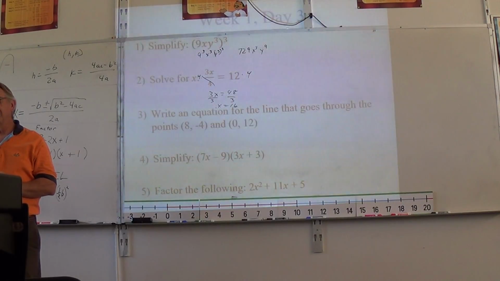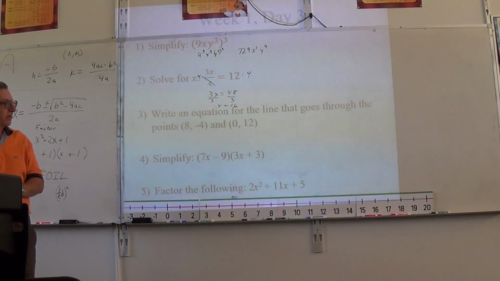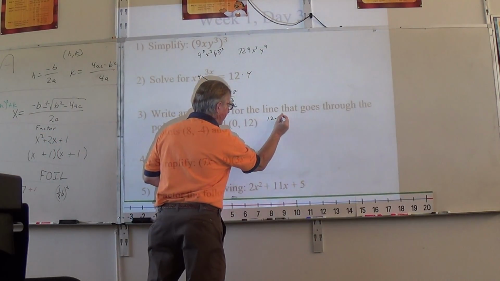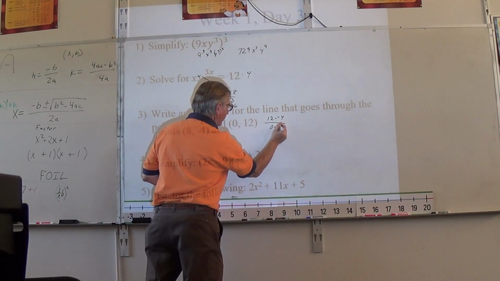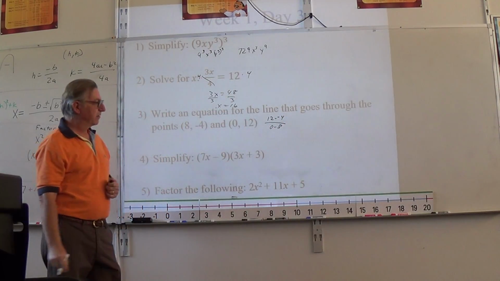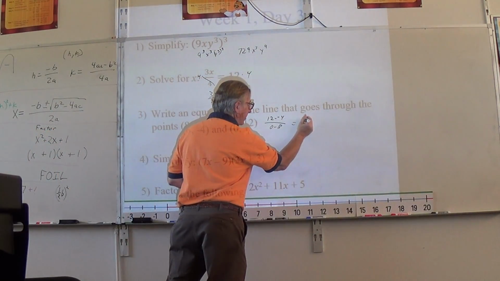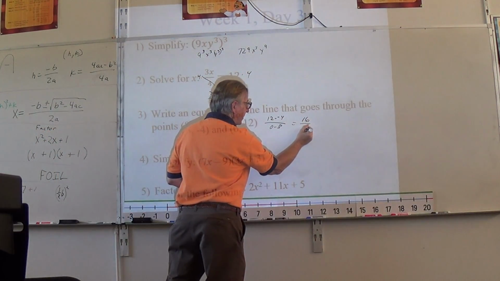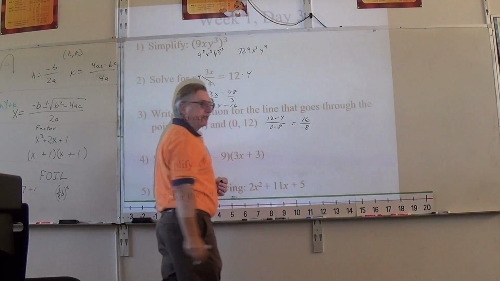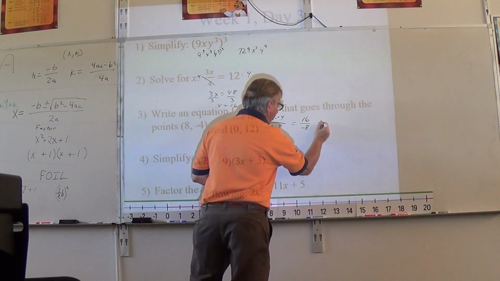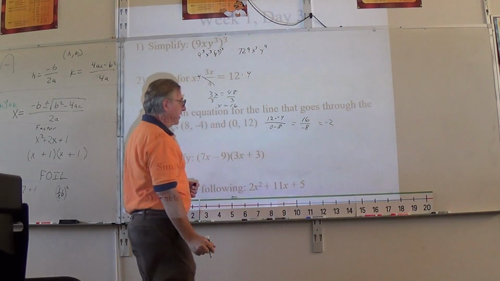You take 12 minus negative 4, and then 0 minus 8. Good job. Right, so 12 minus negative 4 is positive 16 over negative 8. Okay, so our slope is going to be negative 2.